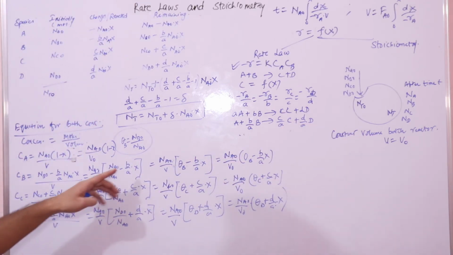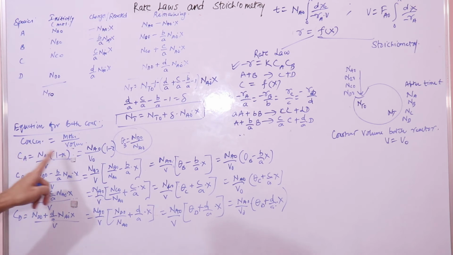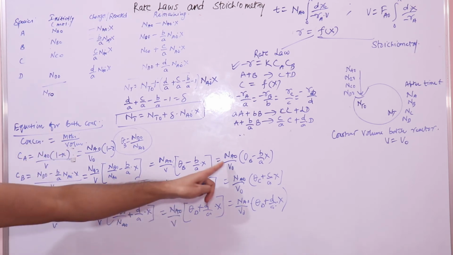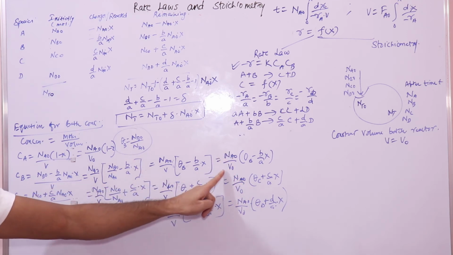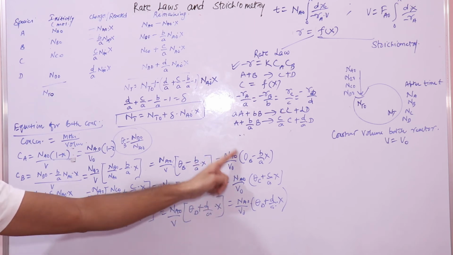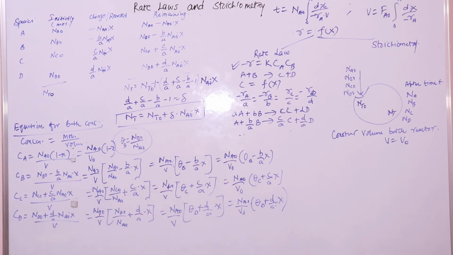Now again, looking at this, concentration is moles per unit volume. Na0 is moles of A, and V is the volume of the batch reactor. So we can replace this quantity with Ca0.